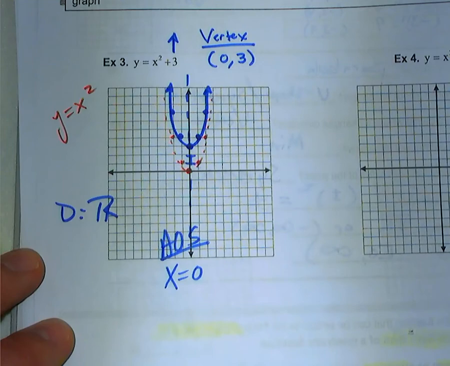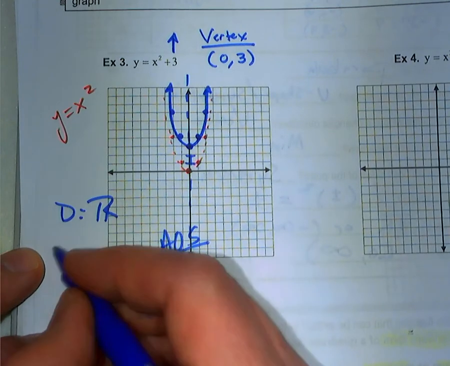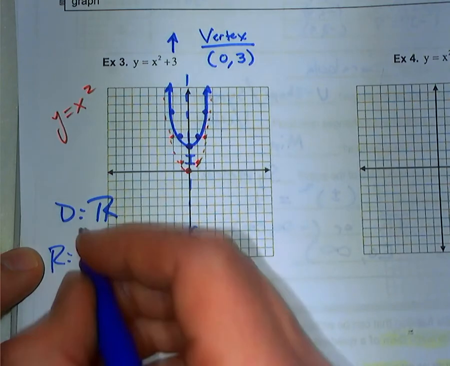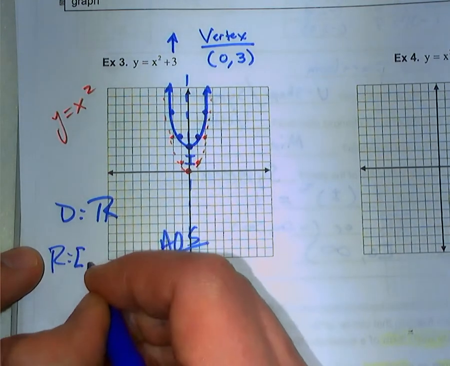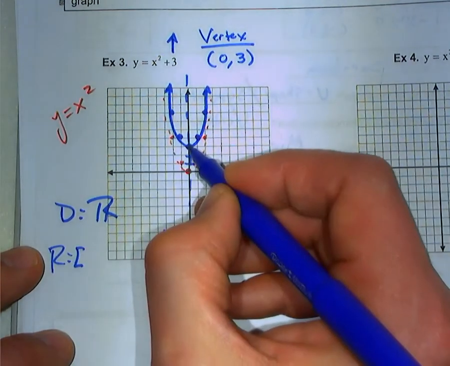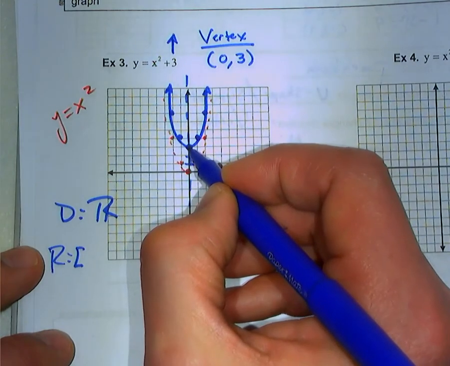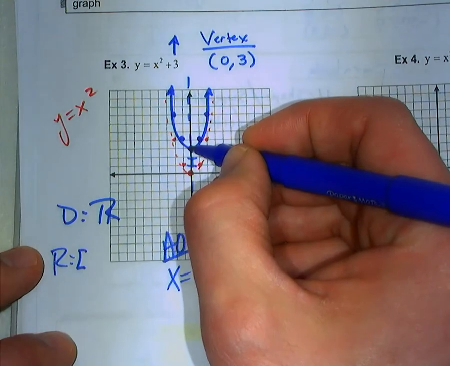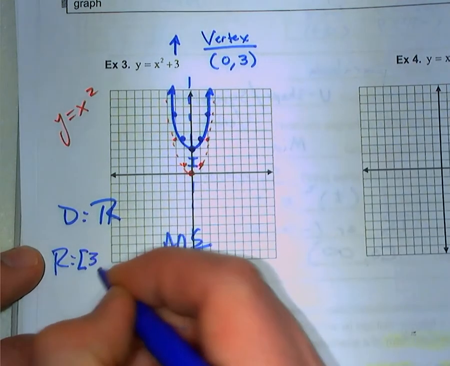And what's your range? Yeah, it starts at what y value? What's the y value of the vertex? That's 3 and goes all the way up.